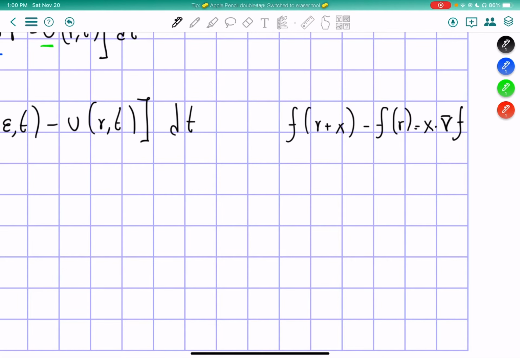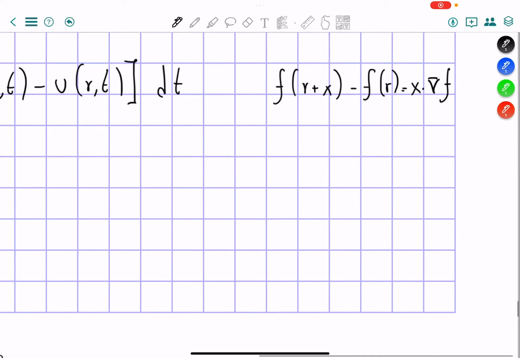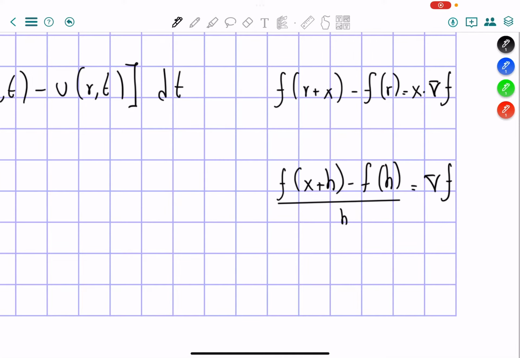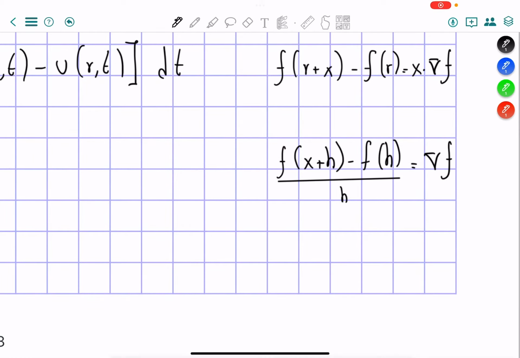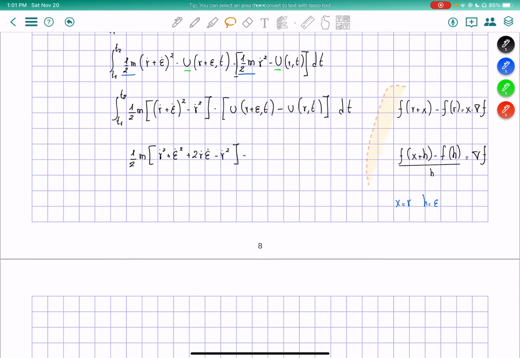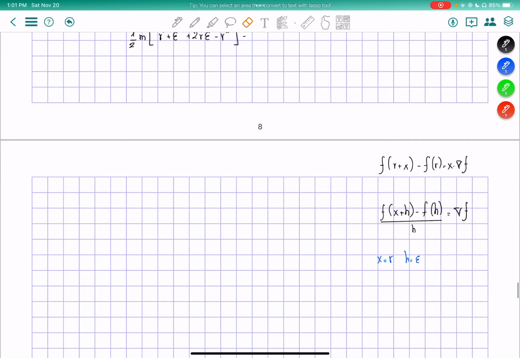We prove this by the very first calculus basics. So we know that f of x plus h minus f of x over h is equal to the derivative of this function, which in our case would be the gradient of the function. So if we multiply both sides by h, we will find that. And we also know that in our case, our x is equal to our r, and our h is equal to our epsilon. So if we write this in terms of what we actually have, let me go on the next page.